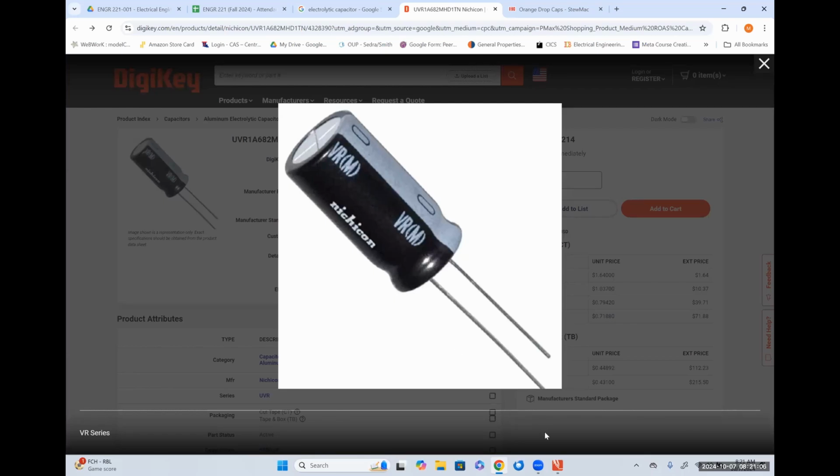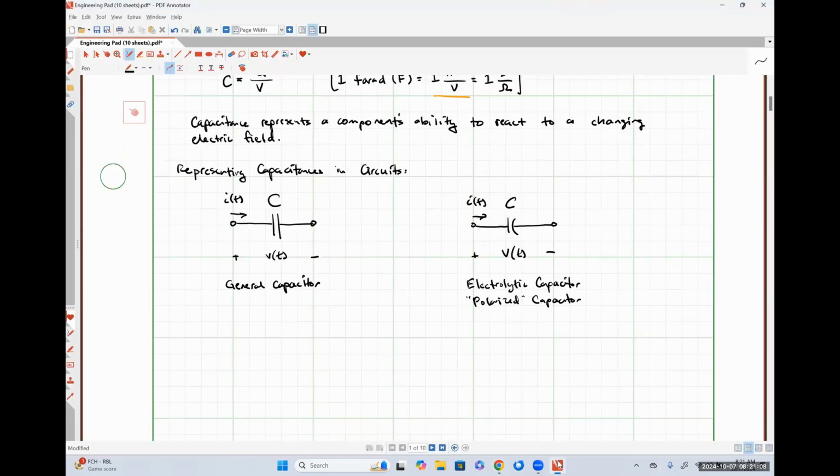Okay, so all of that to say, you will never see me use the electrolytic capacitor symbol in this class because every capacitor that we are going to be dealing with will be a generic capacitor, because it would be too expensive to let you guys just play around with these and constantly burst them because you're not paying enough attention.